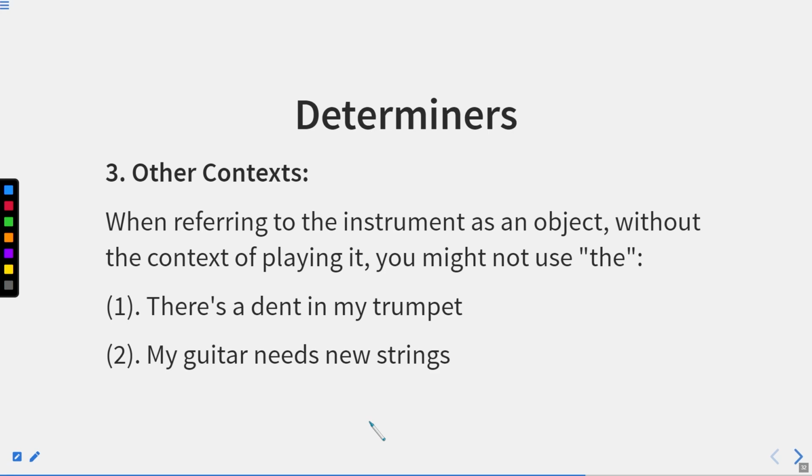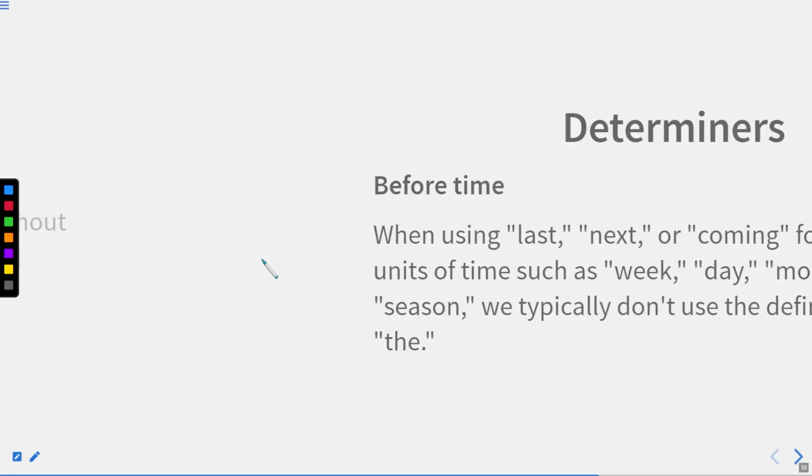So, my trumpet is an instrument before which I'm using a determiner, which is a possessive adjective. My guitar needs new strings. So, this guitar, though it is used in a general sense, we are using the possessive case before that. So, there is no need to write the just because we are specifying that particular musical instrument with the possessive adjectives. Now let us move to the next one.